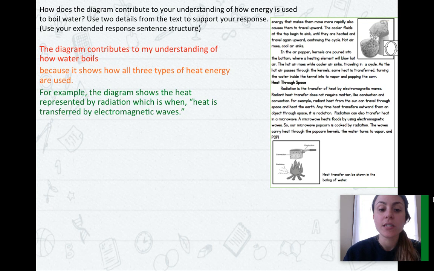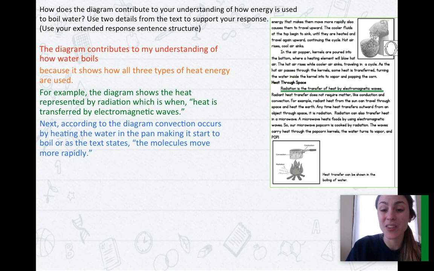So for example, the diagram shows the heat represented by radiation, which is when heat is transferred by electromagnetic waves. So I can tell from the image here that this is radiation, but it doesn't really tell me the definition of what radiation is, but that is found in the text. So I used both the diagram here and the text to help me better answer this question.